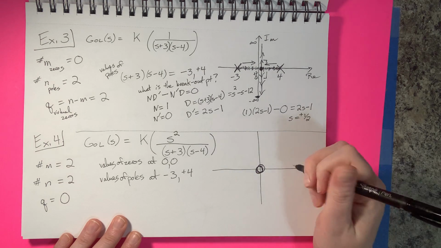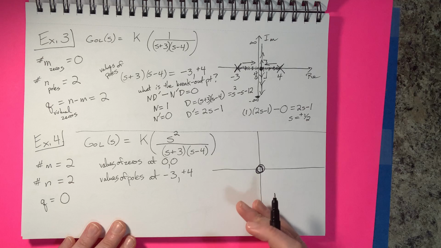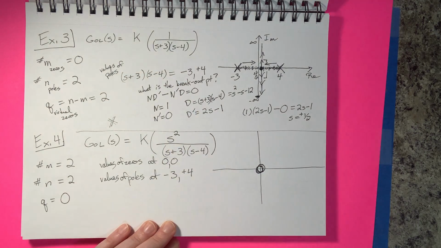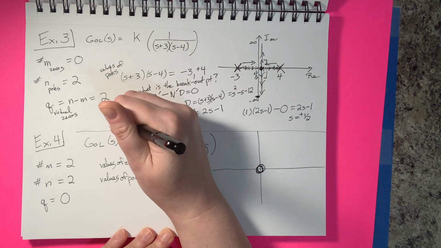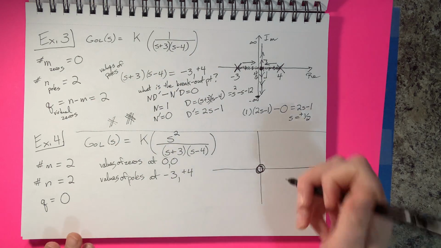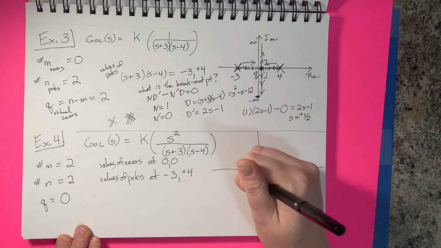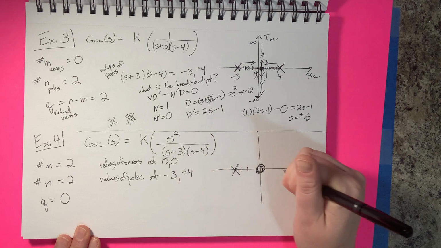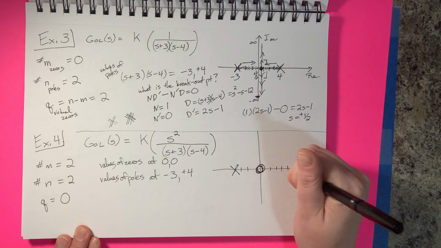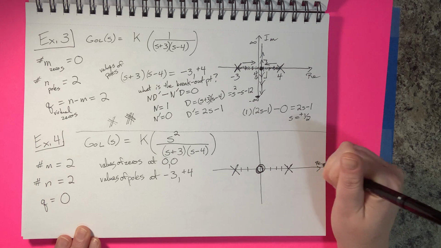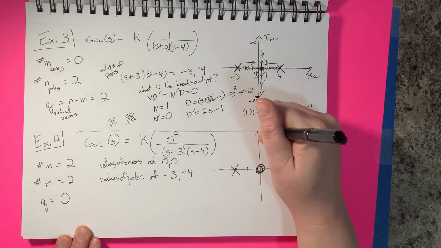I do this, and then if I have a double pole, then I'll do something like a crosshatch like that, and for 3 of them, something like that. Okay. All right, so -3, and then we have a +4. All right, and again, this is the real axis, and we have our imaginary axis.